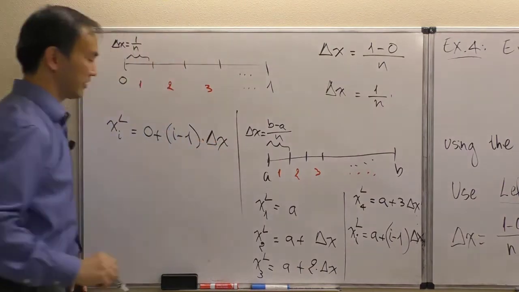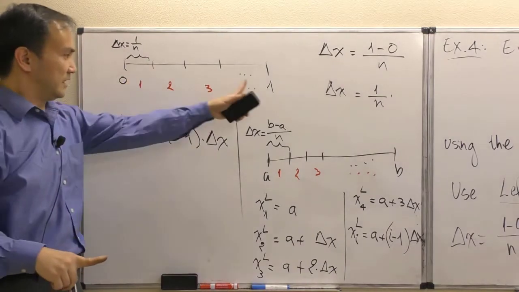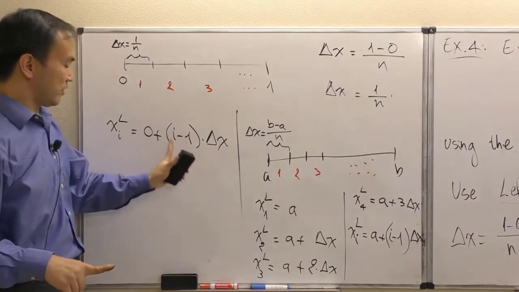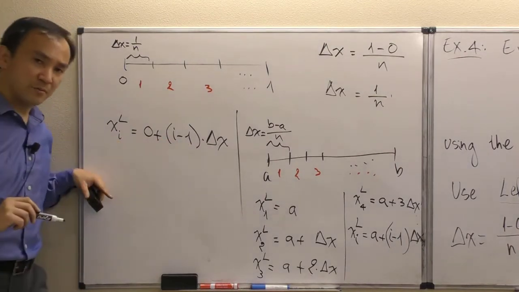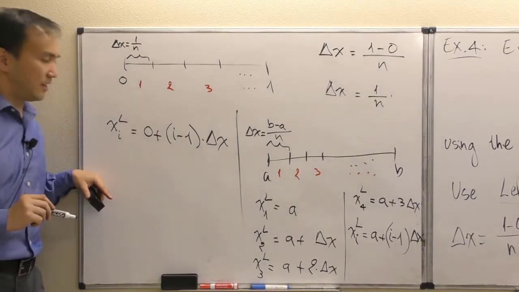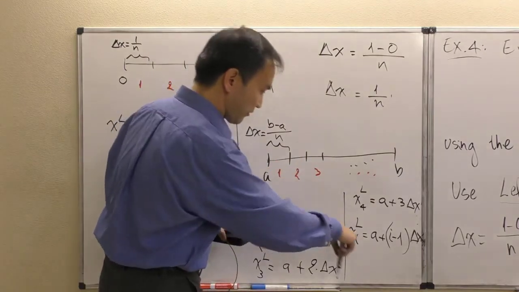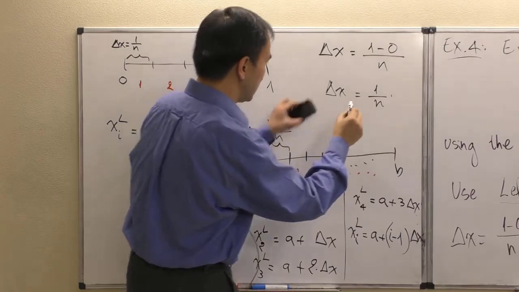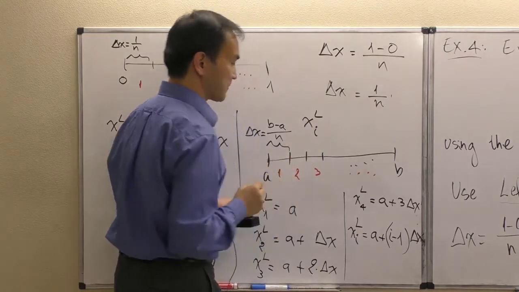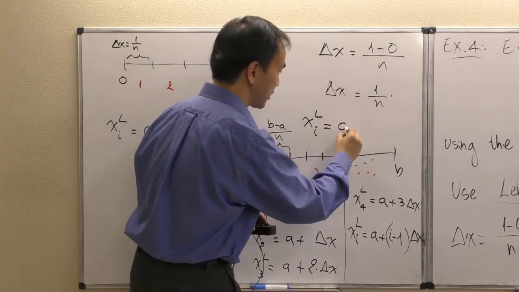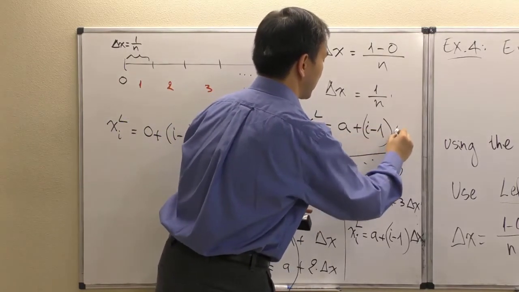That's what it is for our problem. 0 is the starting point of the overall interval, and delta x is that value, and it's always i − 1, one less than the current sub-interval position that we're at. So the general rule I have pointed out, I wrote it down here, but allow me to write it in some other more open space so it can catch people's attention a little better. At any ith interval, in a general case, the left endpoint can be found by the starting point of your total interval plus (i − 1) times the delta x.